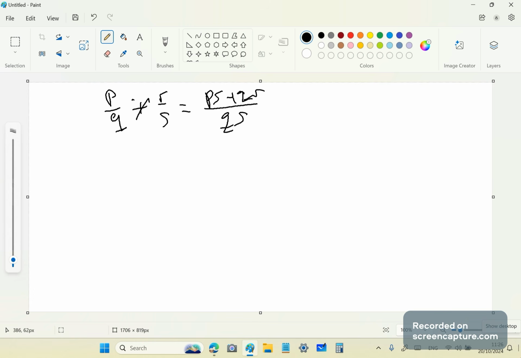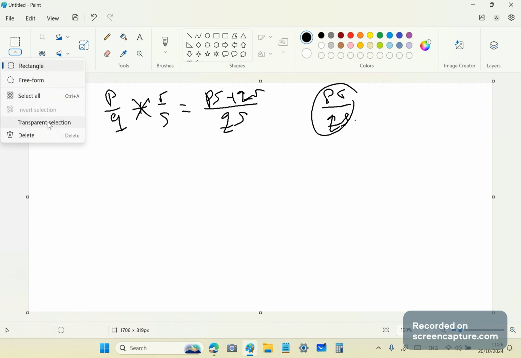Or that if you multiply these, that's equal to PR over QS, defined that way. That's all nonsense. It's not a choice that it's defined that way. It is that way, whether they like it or not, okay?